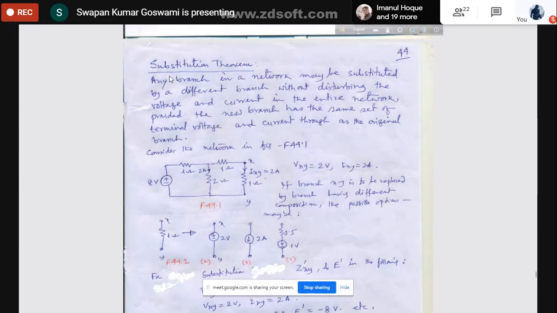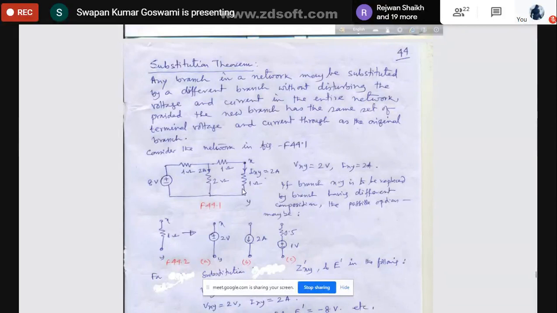Okay, it is the substitution theorem. What does it tell? Any branch in a network may be substituted by a different branch without disturbing the voltage and current in the entire network. That means you may represent a circuit branch in the form of another component. Say a resistance is there.